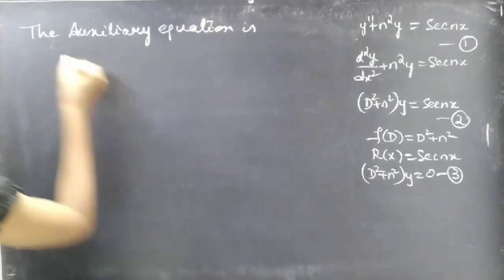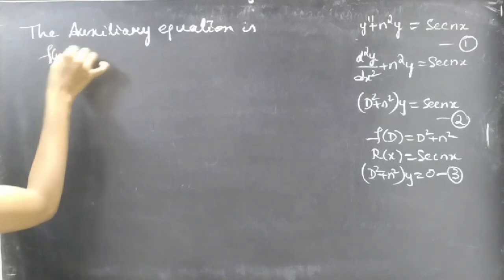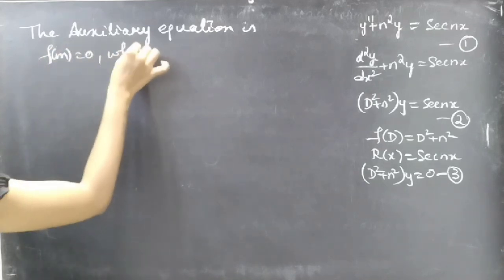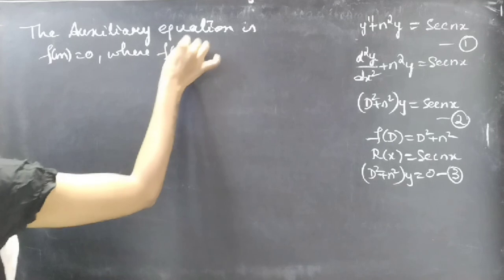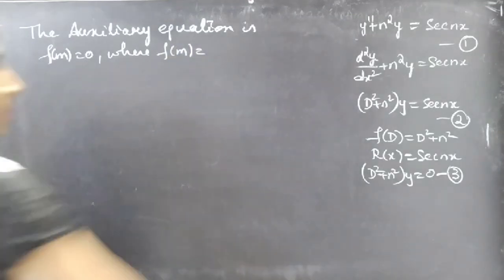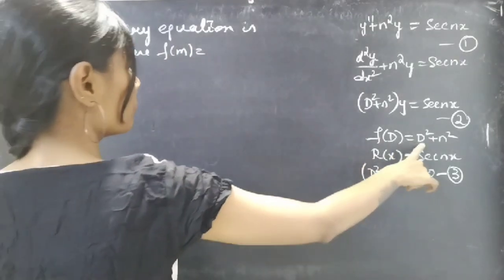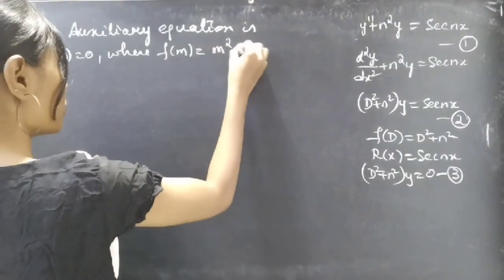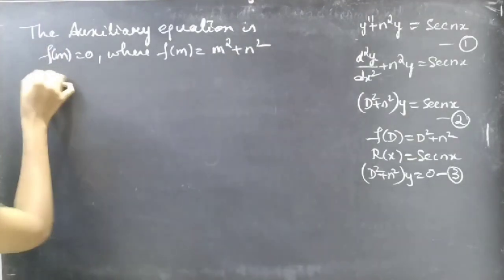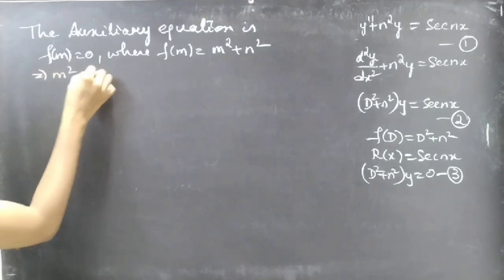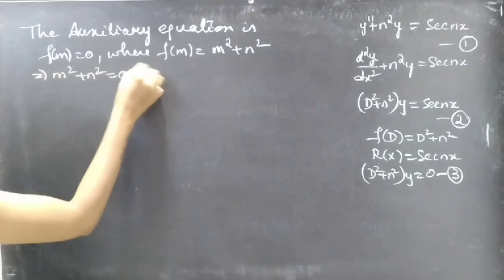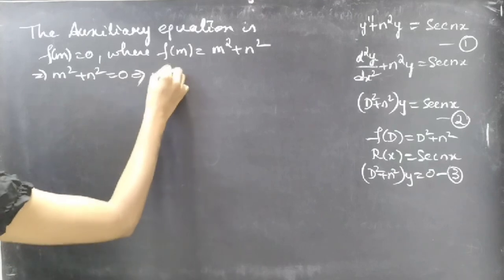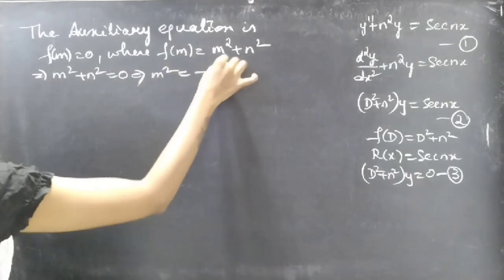The auxiliary equation is f of m equal to 0, where we have f of D equal to d square plus n square, right? Let's replace the differential operator D by m, so that we'll get f of m equal to m square plus n square. Then the auxiliary equation becomes m square plus n square equals 0. Let's find roots to this equation just by taking the second term to RHS.